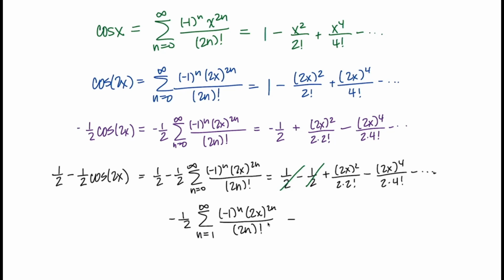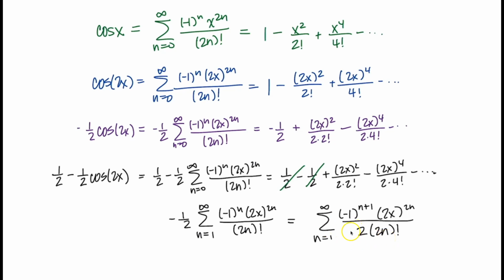So that's going to give us the sum of n equals 1 to infinity of -1 to the n plus 1. Where's plus 1 coming from? Well, this -1, if I bring it inside, there's already n copies of -1. So -1 to the n plus 1, and then we have quantity 2x to the 2n over, we'll put the 2 in the denominator, but the quantity 2n is still in factorial.